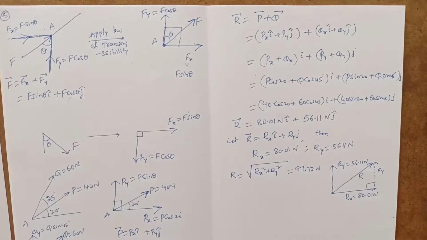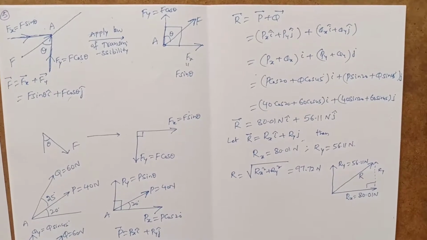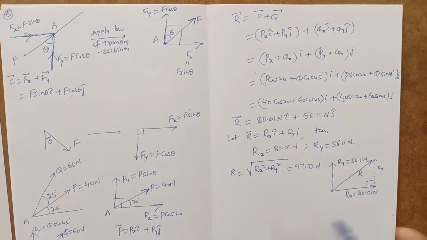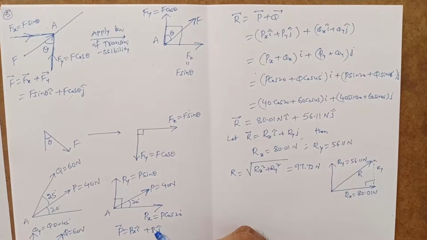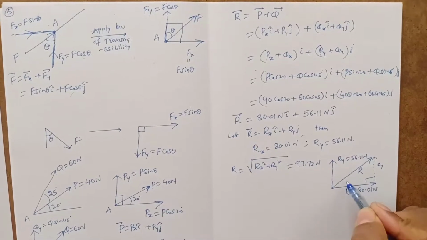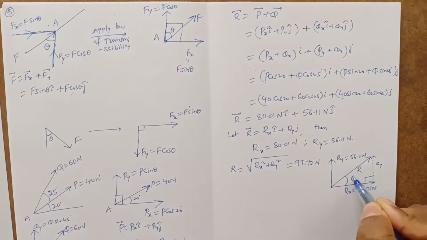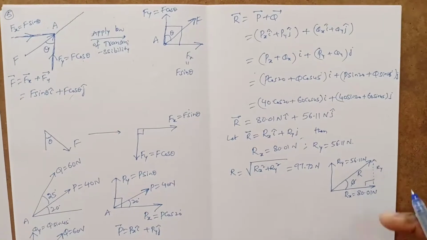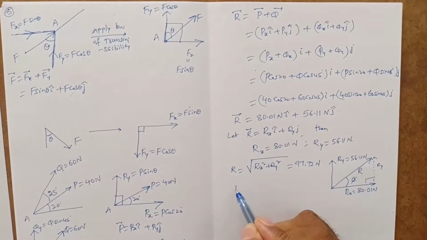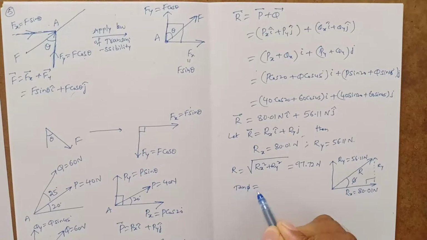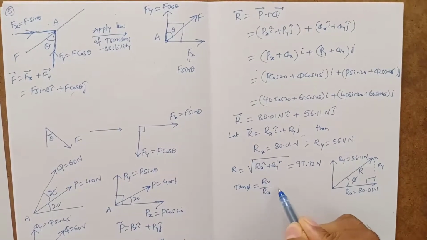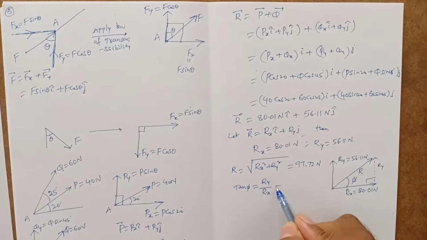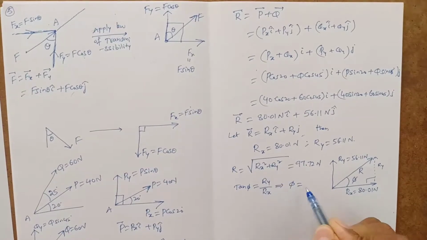Next we need to find the direction of this resultant force. In the previous cases we have considered the angle made by the resultant force with the horizontal. Let us take the horizontal here also. Let us say this angle is phi. Again from this right-angled triangle, tan phi is equal to Ry by Rx.